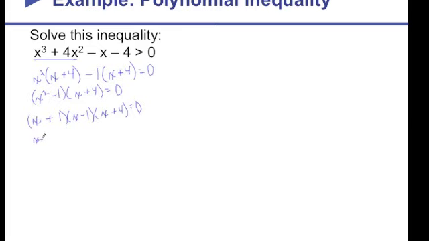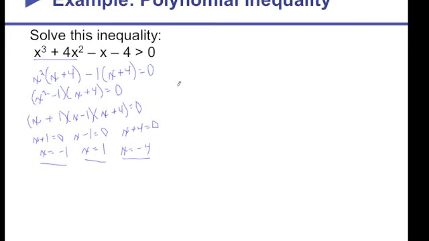Well, if x plus 1 equals 0, x equals negative 1. x minus 1 equals 0, x equals 1, and x plus 4 equals 0, so x equals negative 4. Now I have my three solutions to the function equaling 0.